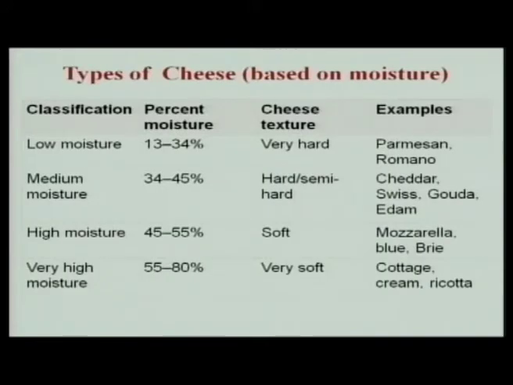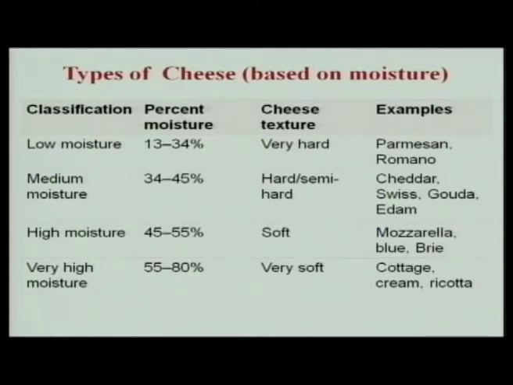There are different classifications of cheese, and based on moisture they are categorized into low moisture, where the moisture is 13 to 34%, or we call them very hard cheeses because the moisture is very low. Parmesan and Romano are two examples of this.